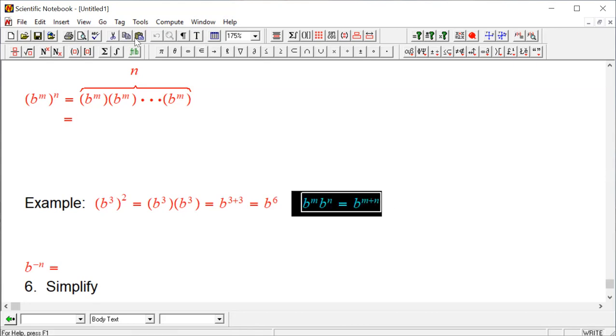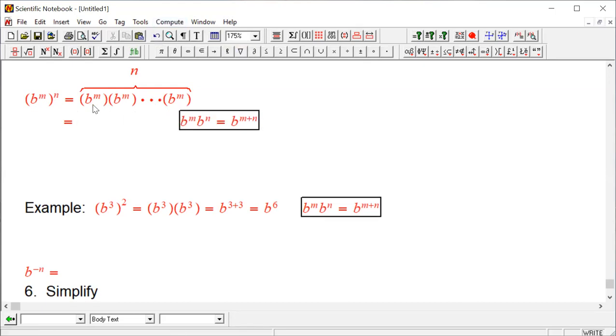We can apply this property over here, right? So b to the power m. So we're going to end up with b raised to the power of m plus, all the way plus m.